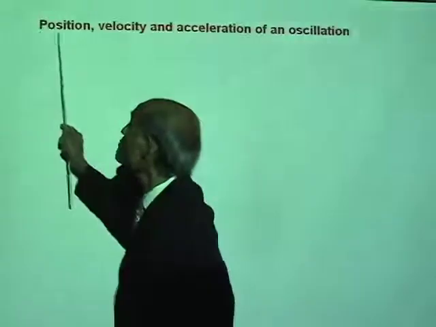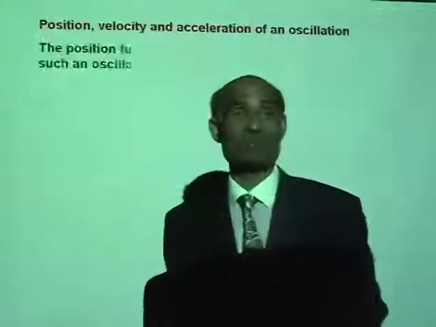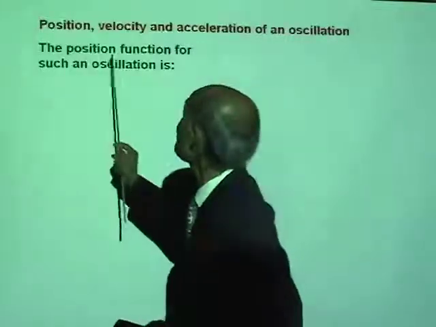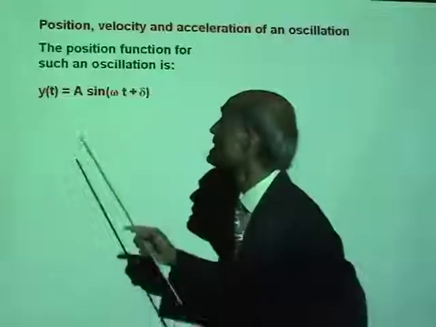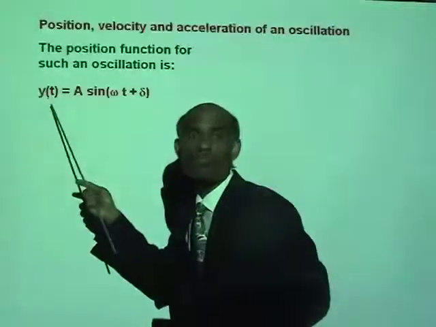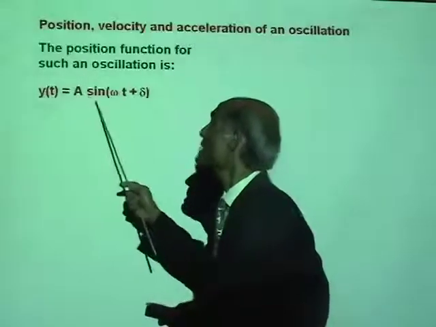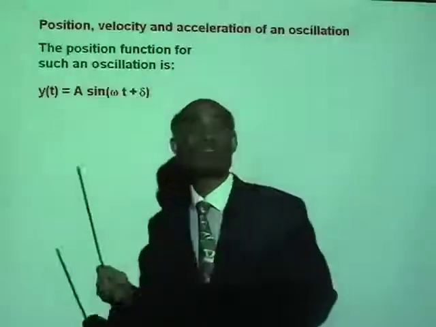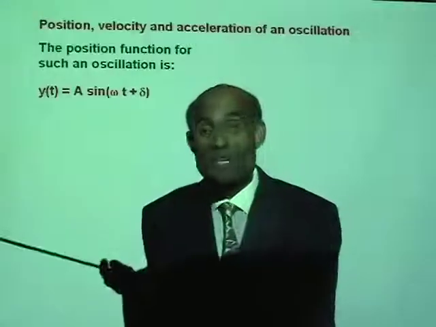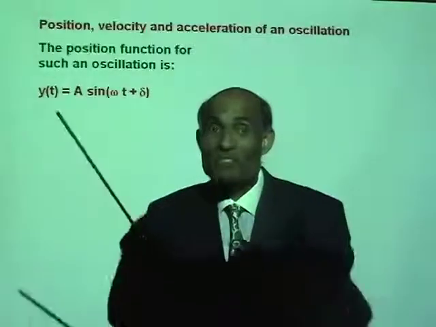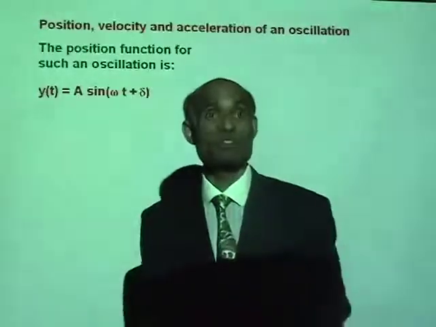So we already know the position function. The position function for such an oscillation, y of t, y as a function of time, is a sine(omega t plus delta). That represents the displacement, but that is the same as the position function.